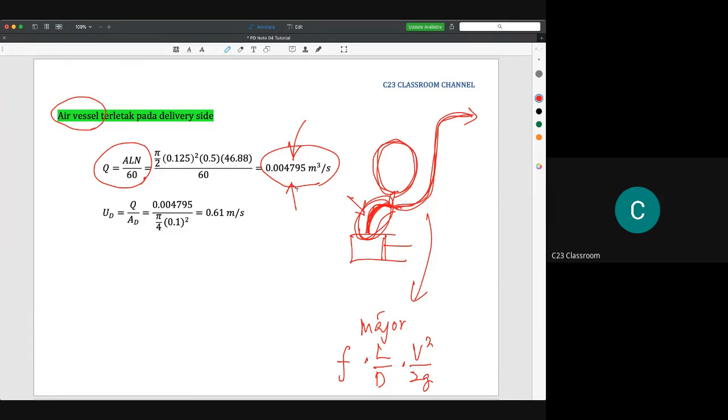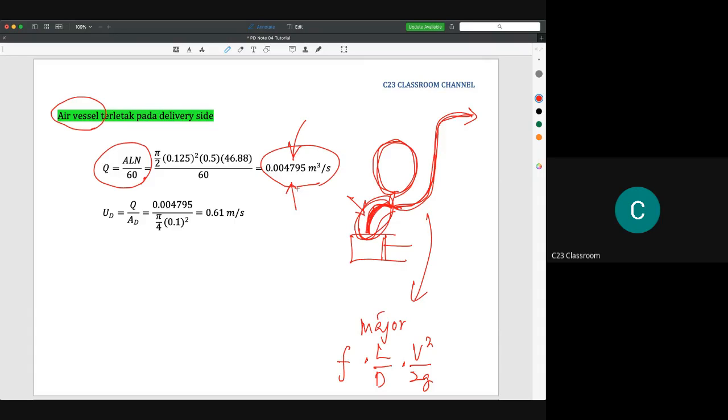If you just lose 0.1 meter cube per second, it reflects about 100 liters per second that you did not count in your calculation. So please be careful, the decimal point might not be enough. You need to have certain consideration about the units. Okay, so here we take 4 numbers, 0.004795 meter cube per second.